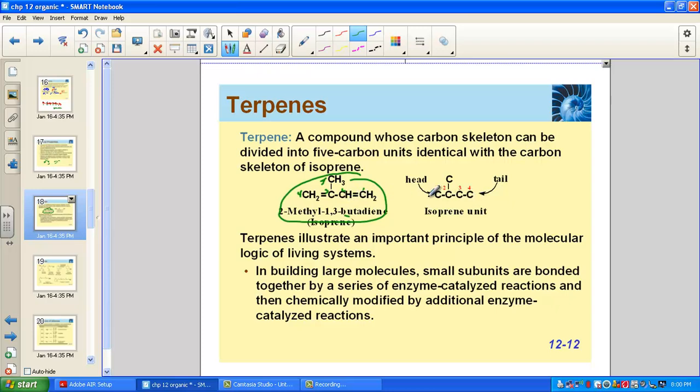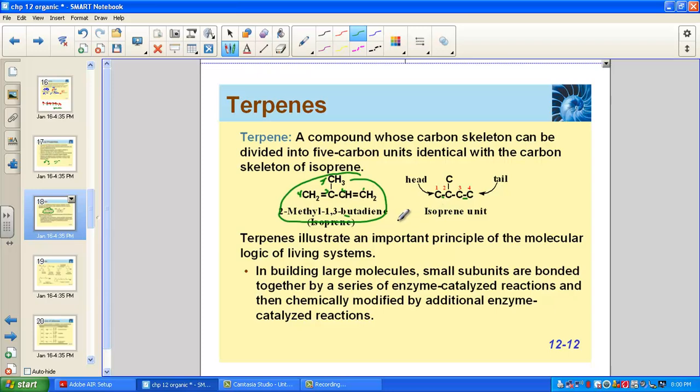Now notice what they've done when we number the carbon, starting here, to give the substituent group the lowest possible number: 2-methyl. On the second carbon, we see 2-methyl. And between carbon 1 and 2, and between carbon 3 and 4, we have the diene.